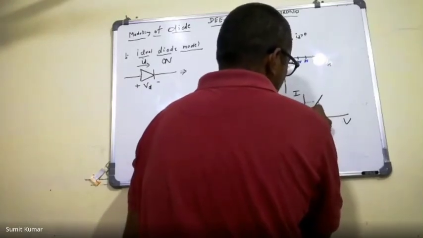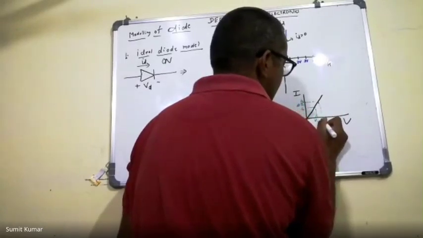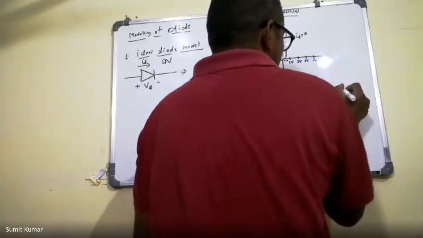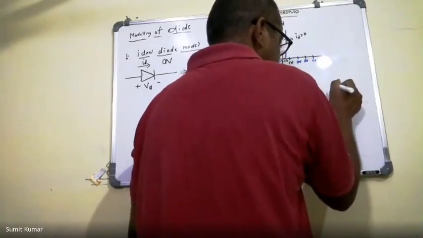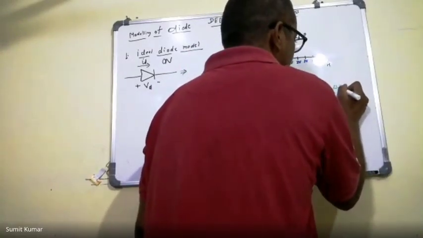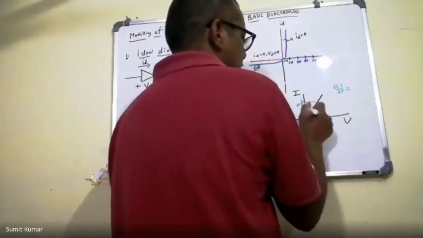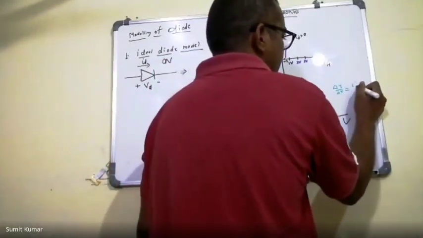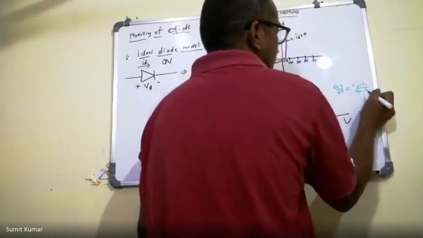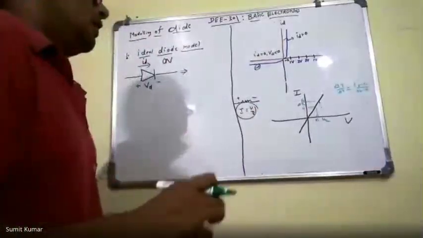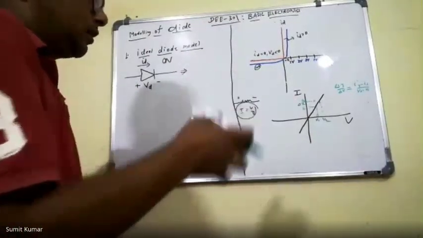Let us suppose this is I1, this is I2, and this is V1, this is V2. Here the slope will be delta I by delta V, which is I2 minus I1 over V2 minus V1. This we know by basic coordinate geometry, so we can find the slope of this line.